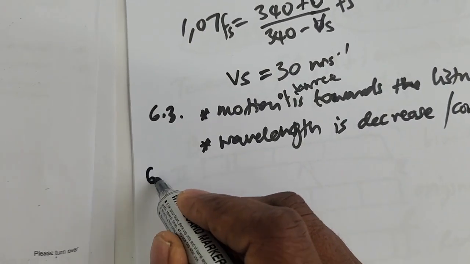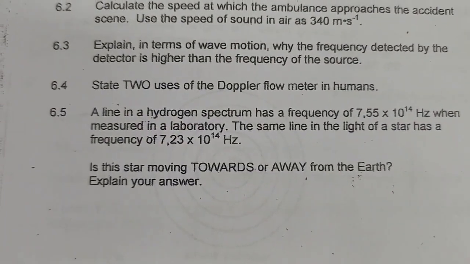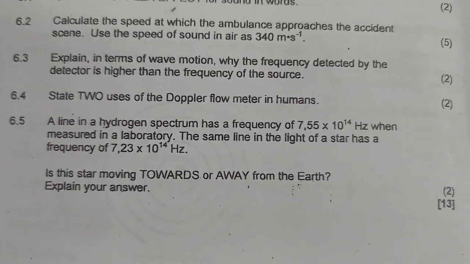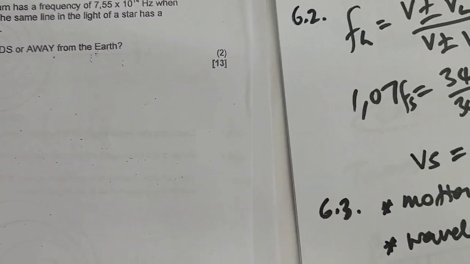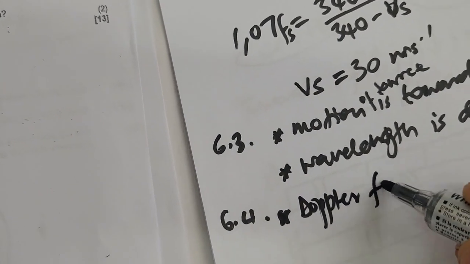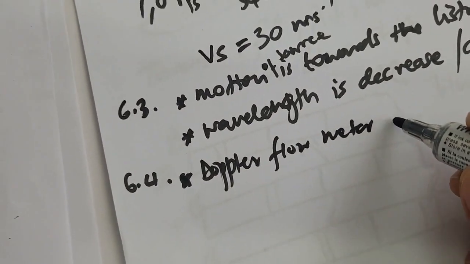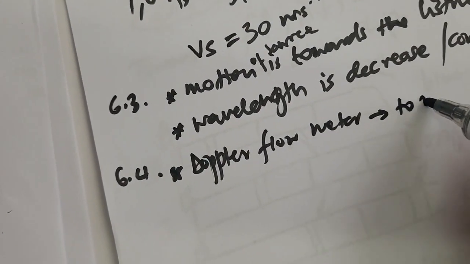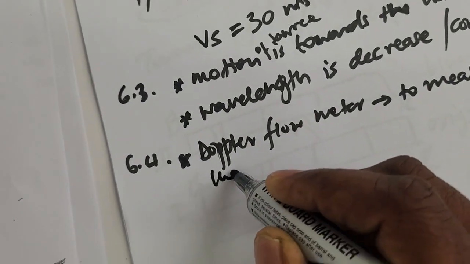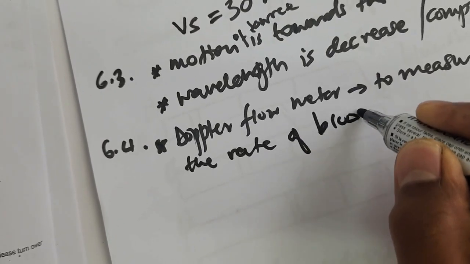Fine. 6.4. They're saying to us, state two uses of the Doppler flow meter in humans. I think we will have the Doppler flow meter, which is used to measure the rate of blood flow.